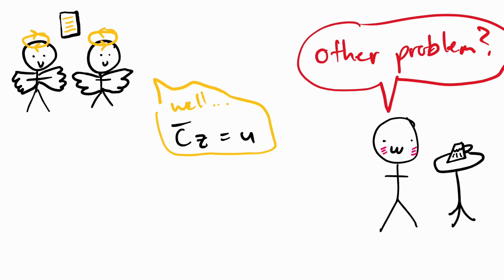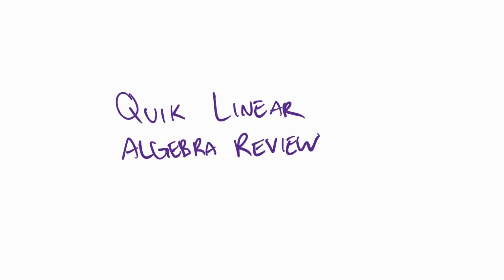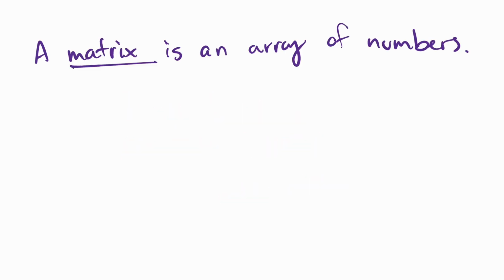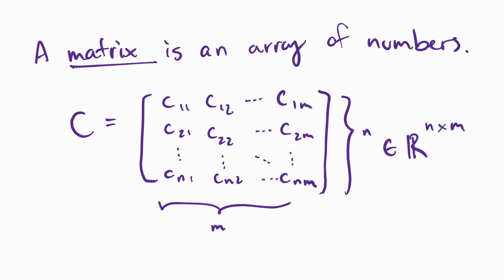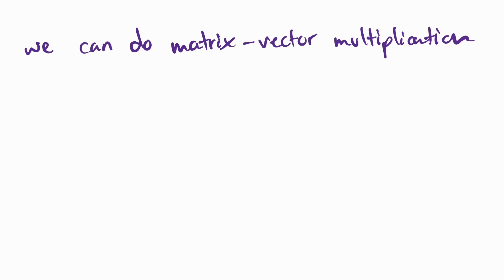Well, before we explain it, quick linear algebra review. Matrix addition. A matrix is an array of numbers. So here's a matrix. It has m columns and n rows. And if we're dealing with real entries, then it lives in R to the n by m, or if we're dealing with integers Z, Z to the n by m. We can do matrix vector multiplication.